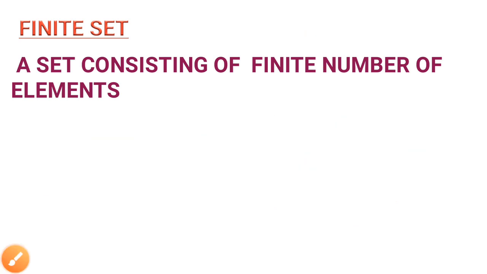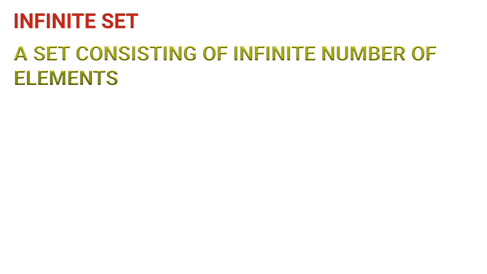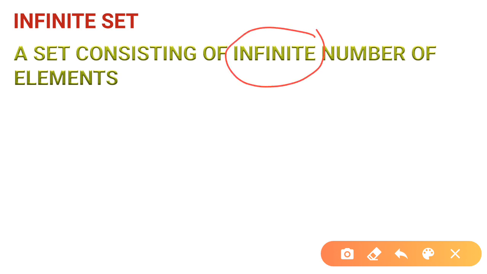We have finished that. The next one is the infinite set. We have already discussed it just now. An infinite set is a set consisting of an infinite number of elements.